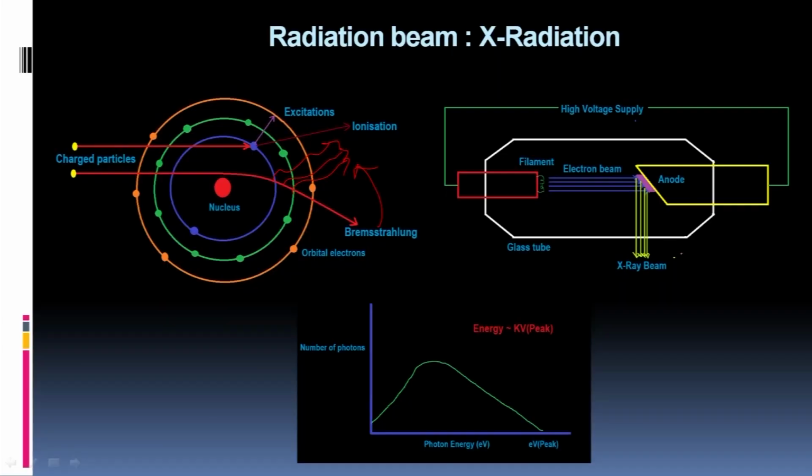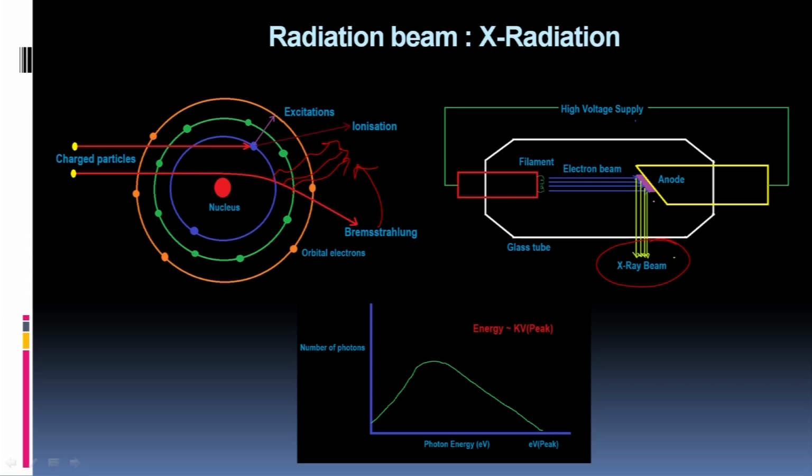The low energy electron beams are ejected from the filament because of thermionic emission, and they travel towards the anode because the anode is positively charged, and they strike the target. This target is a high Z material made of tungsten or other high Z materials, and because of the Bremsstrahlung phenomenon, we get the X radiation beam from the anode side.